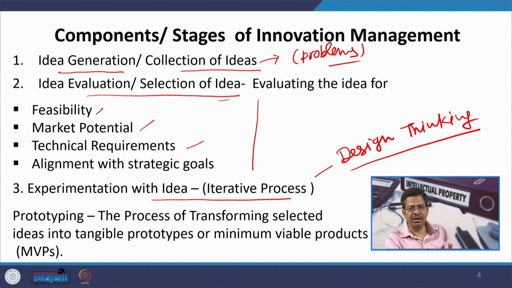Design thinking is a good way which can keep the cost of your experiments within limits. You will fail, you will learn. Failure means learning new things. So, you will learn new things and you will again experiment.